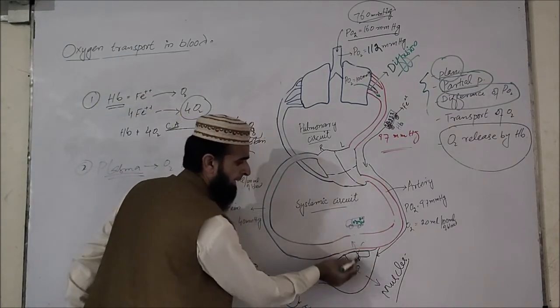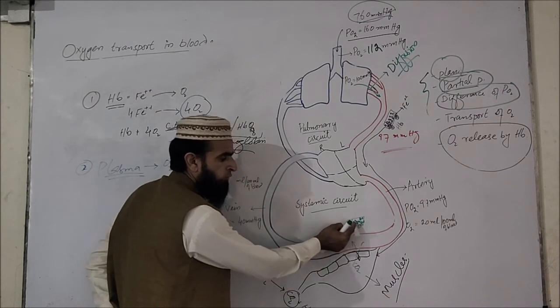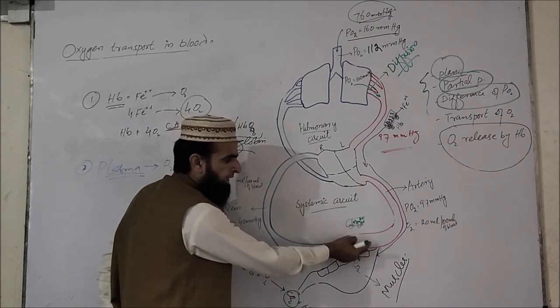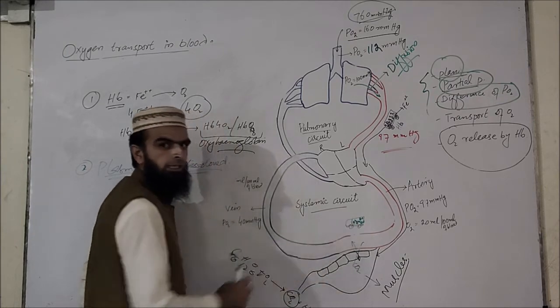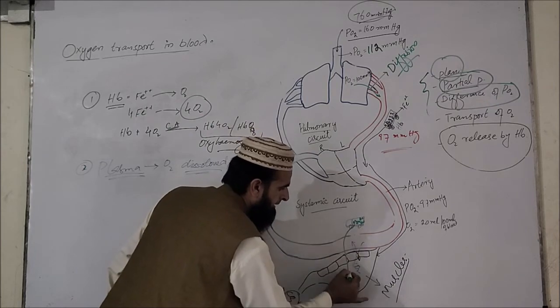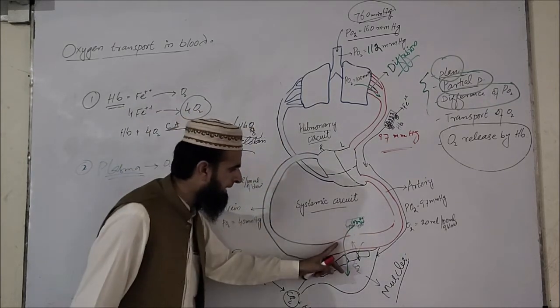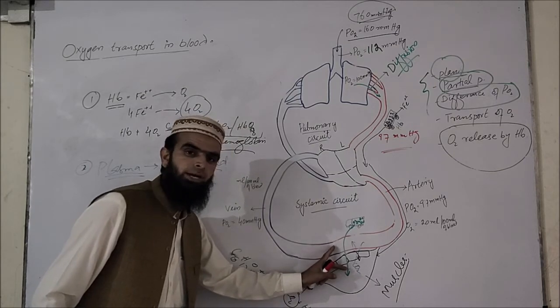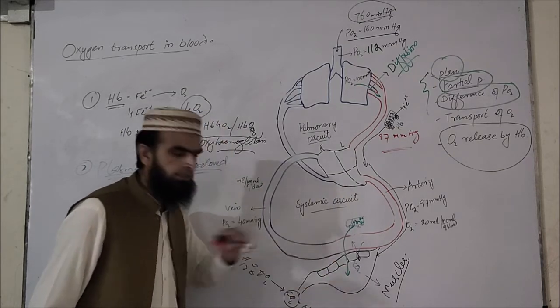So when this carbon dioxide comes here, it will try to react with the hemoglobin. When it reacts with the hemoglobin, the oxygen is released. When this oxygen is released, what happens? The oxygen is given to the tissues. When the oxygen is released, the concentration of oxygen in the blood increases and diffusion takes place here.